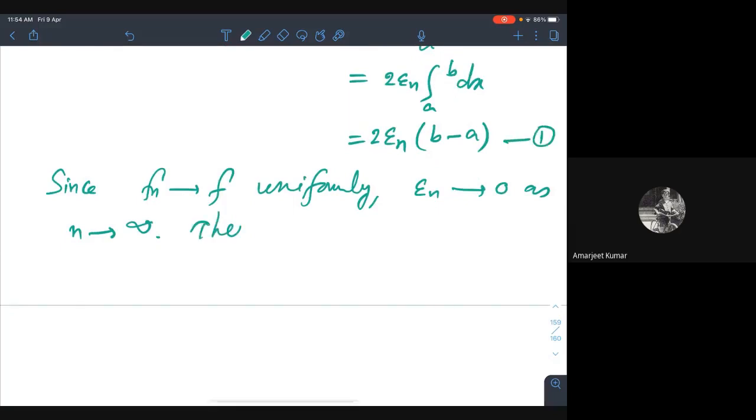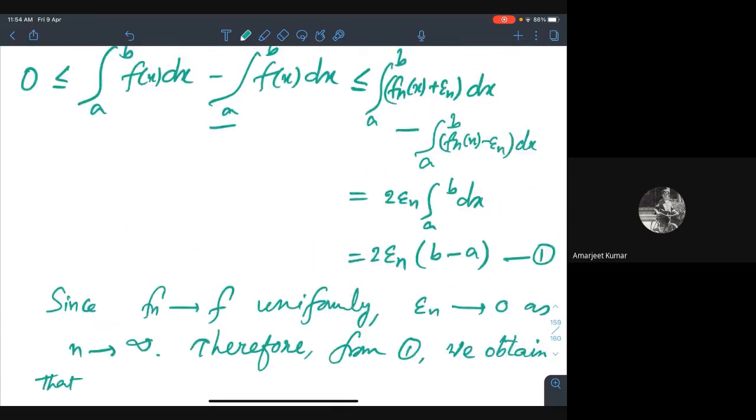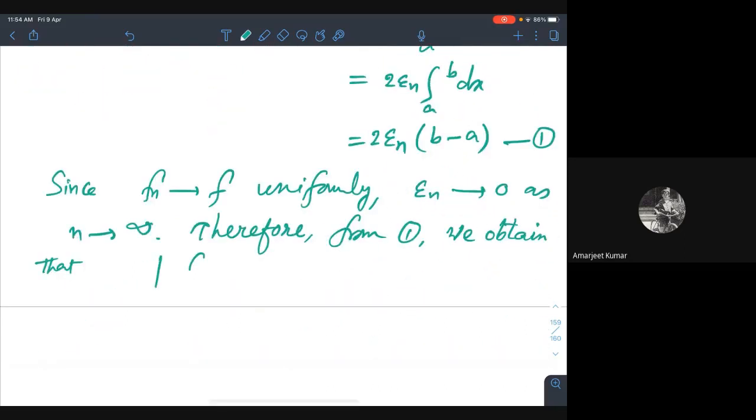Therefore, from 1, you obtain that the modulus of the upper integral from a to b of f(x) dx minus the lower integral from a to b of f(x) dx is equal to 0.